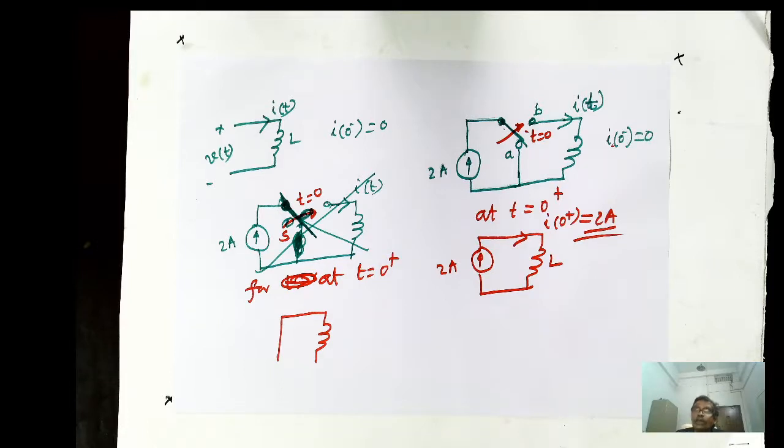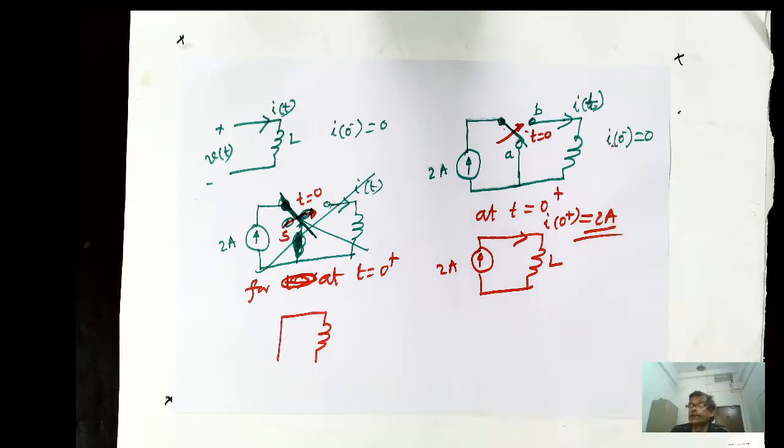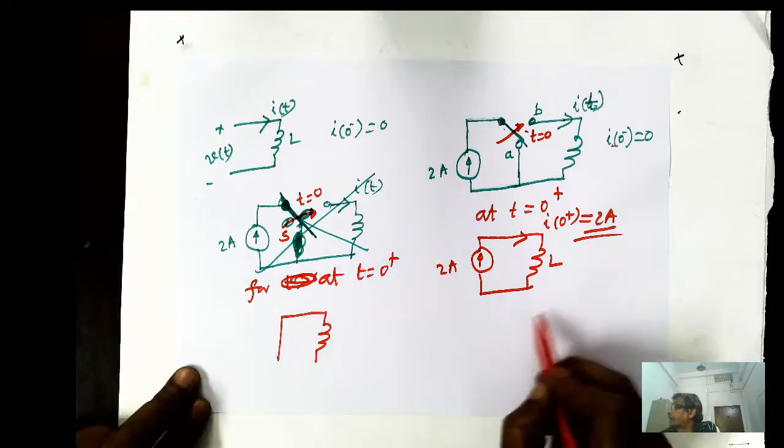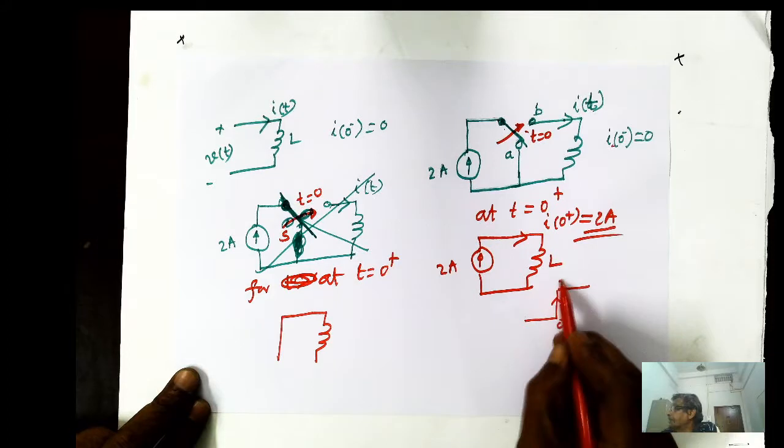Then how to explain this? The explanation is simple. Current will change from 0 to 2 ampere. This change of current has taken place in no time. Is this not a finite change of current from one level to another in an inductor, a sharp rise of current, 0 to 2 ampere, in no time?